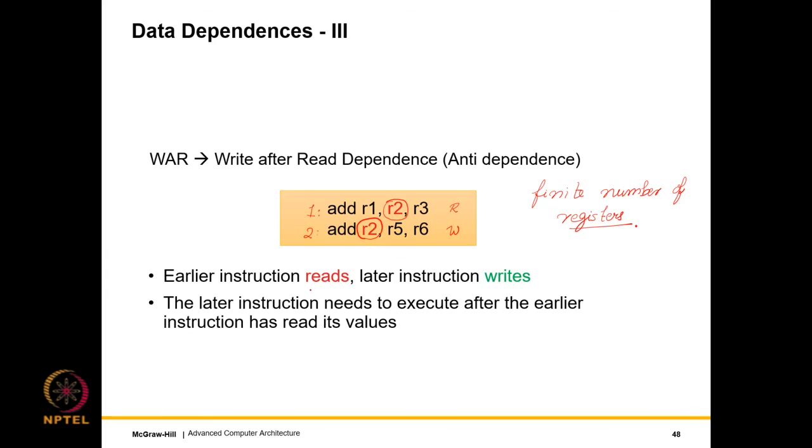Correct. So in this case, also, let us say that we have some method, some mechanism where we never repeat registers, in the sense we write to a register once and we keep on reading from it.